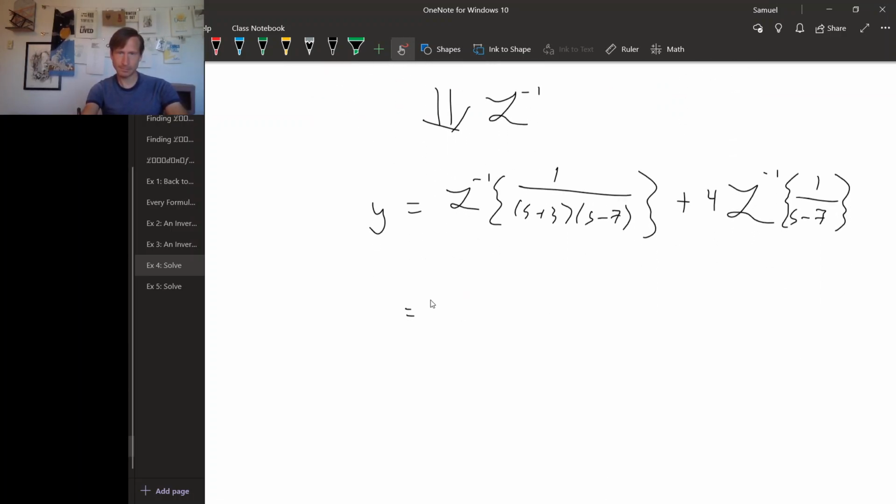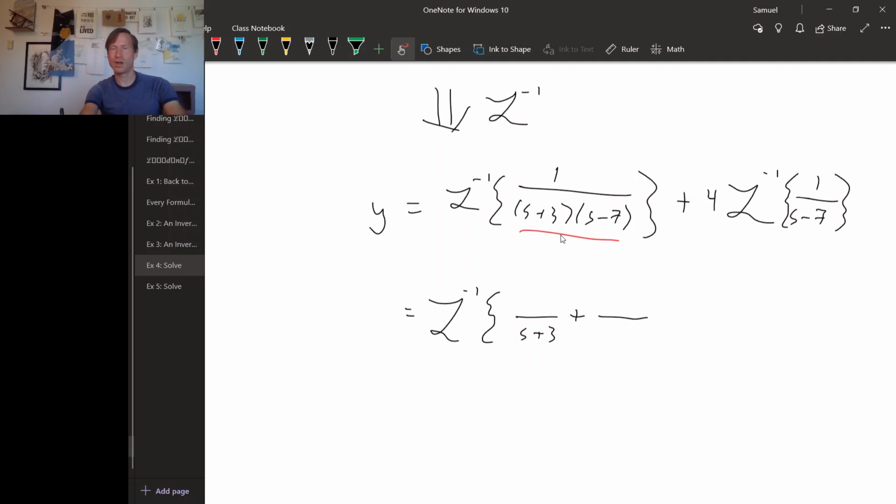Okay. Now this rational function in our first inverse transform, since its denominator is a product of linear factors, we can use the cover-up trick to figure out what the numerators should be.